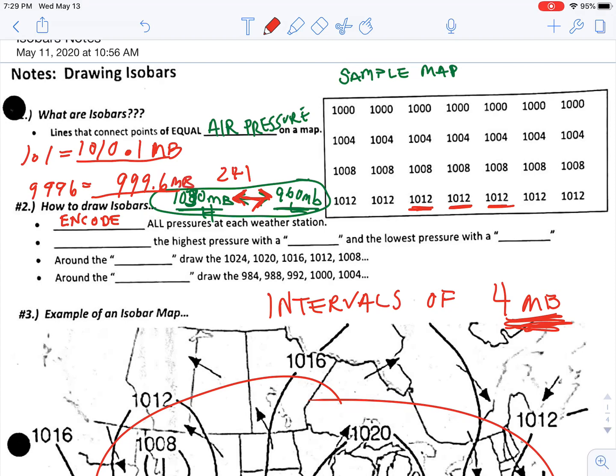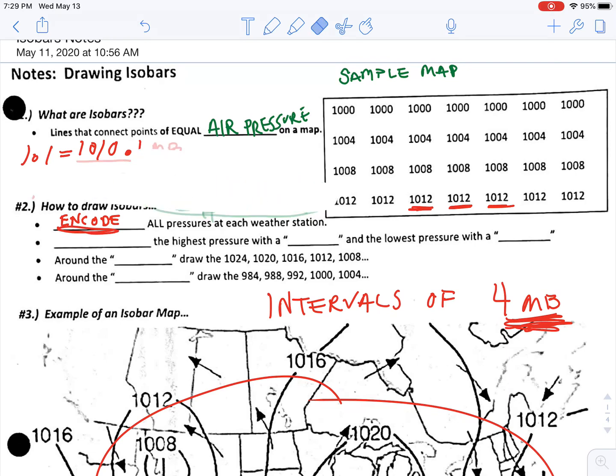999.6 millibars. So how can we make this easy for us to encode air pressures if they're given to us in a 3-digit code? So I'm just going to type this in here, and then you can add it to the notes. To encode, if the 3-digit number is larger than 500, then we put a 9 in front.